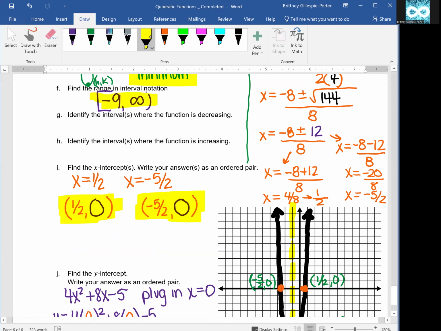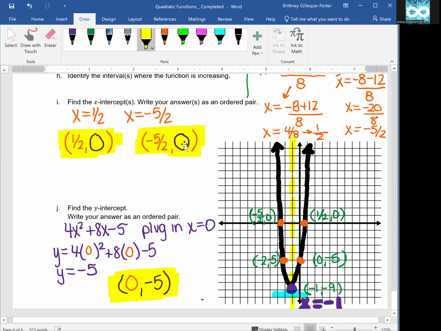And we need to figure out the increasing, decreasing situation. Remember that we read from left to right. So starting on the left, scrolling down, you can see that we are dropping down, which means that we are decreasing. And on the other side, after we hit our vertex, we start to go up.